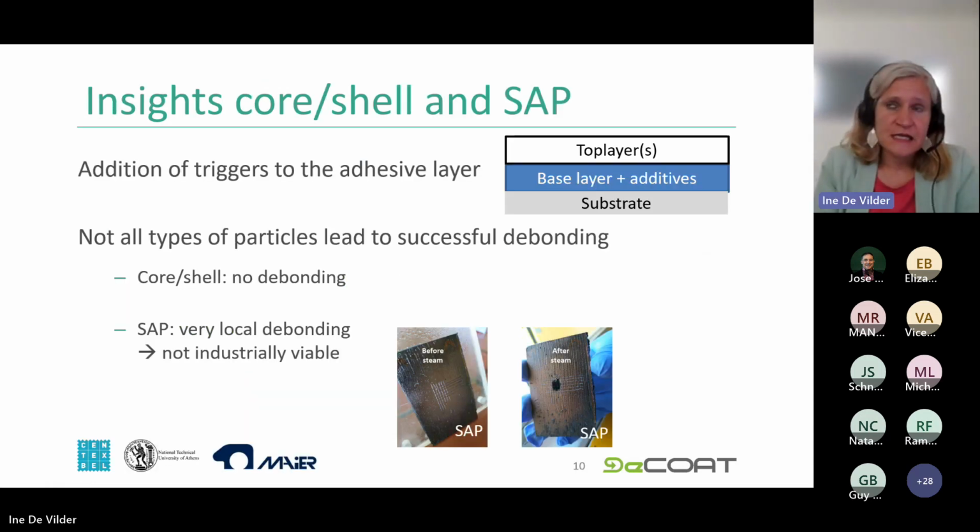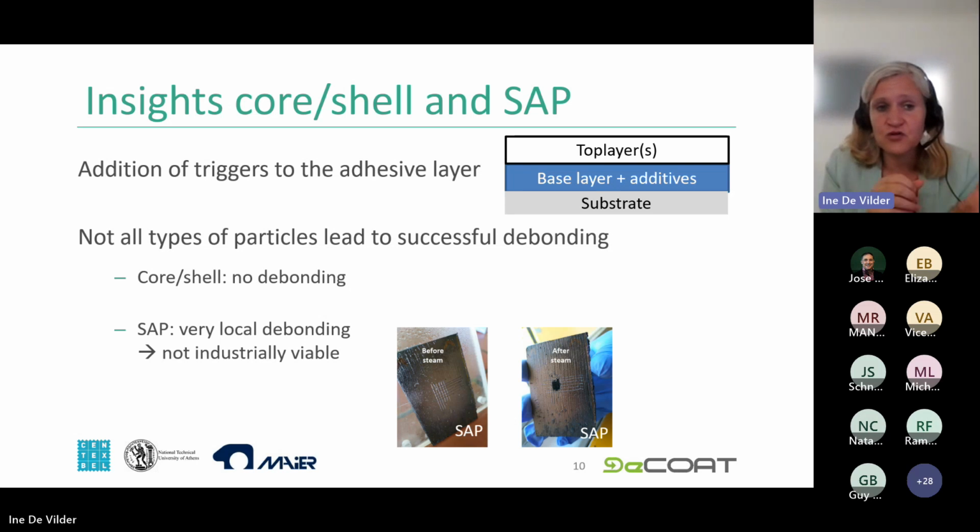If we take some more insights on the materials, these core shell materials and superabsorbing materials are actually added in the conventional primer layers or base layers. We just add them to the formulation. But what we saw is that not all particles lead to a successful debonding.